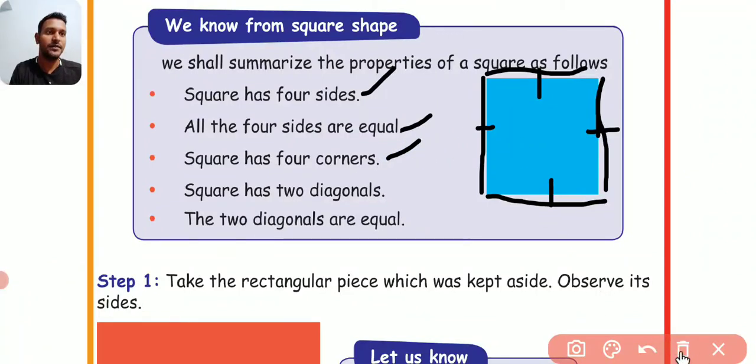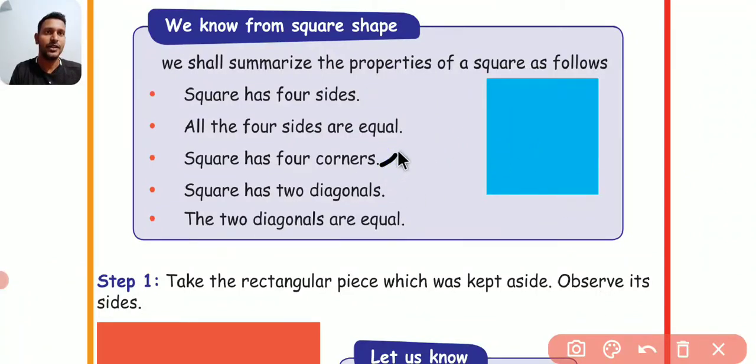Corners means this point. This point is called a corner. 1, 2, 3, 4. A square has 4 corners. And this one, a square has 2 diagonals.